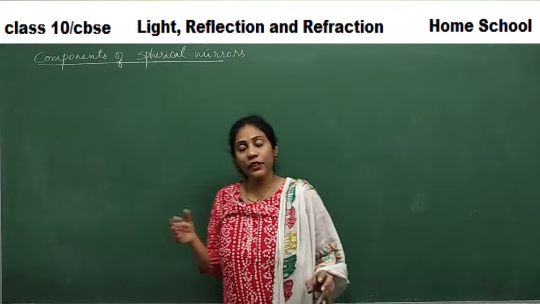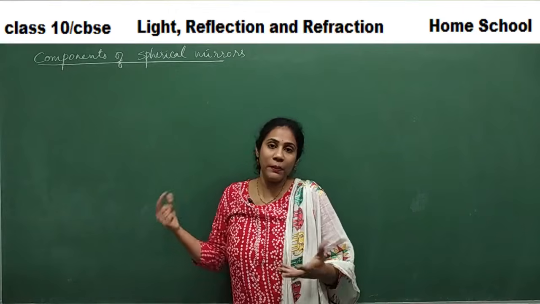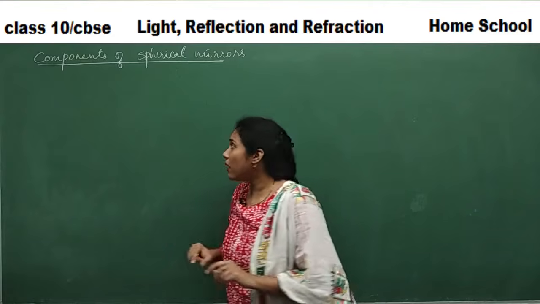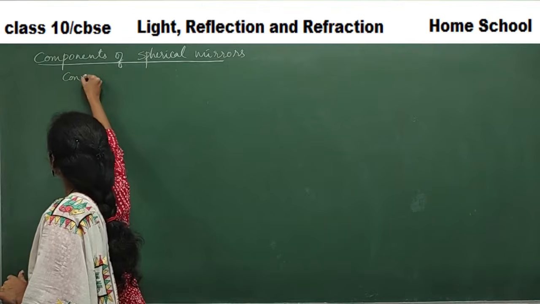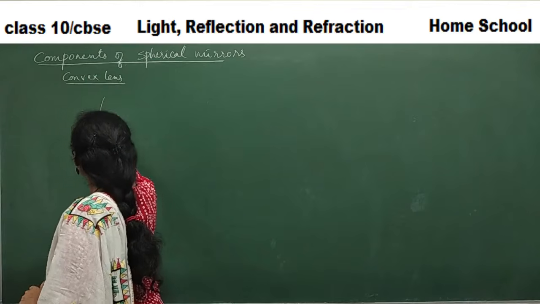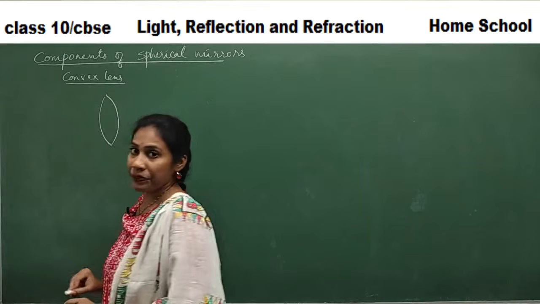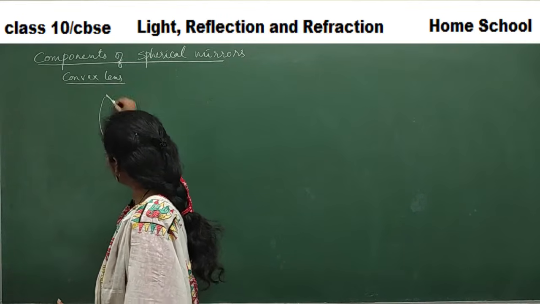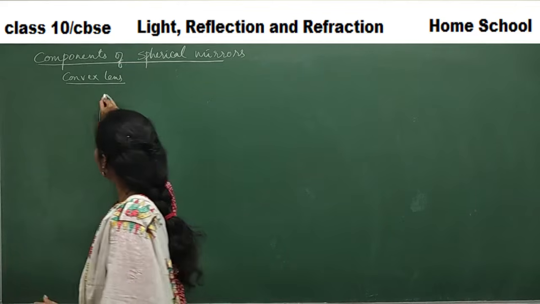So students, can you tell me how many spheres are possible from the lenses? It may be a convex lens or a concave lens. How many spheres you can make out of a particular lens? Let me take convex lens first. So how do you represent a convex lens? Something like this. So this is a convex lens. Remember, from this particular side, this is actually a part of a sphere.